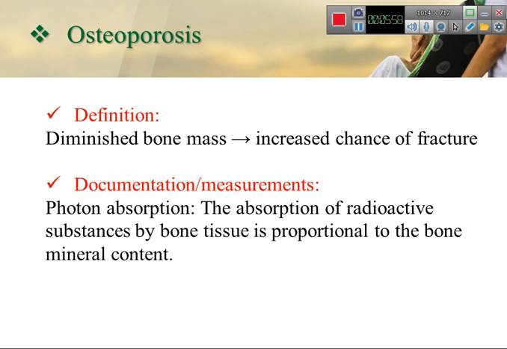How can we measure osteoporosis? We have a method called photon absorption. The absorption of radioactive substance by bone tissue is proportional to the bone mineral content. We use Z-score and T-score to measure osteoporosis or osteopenia.